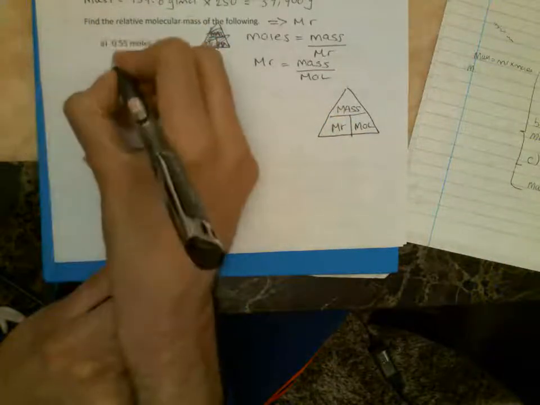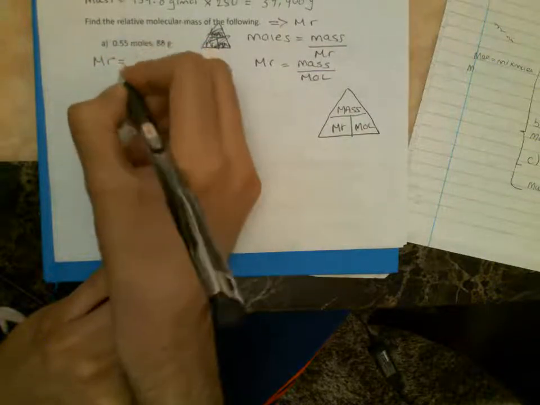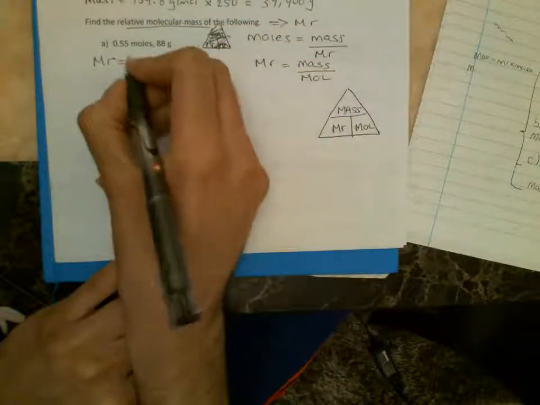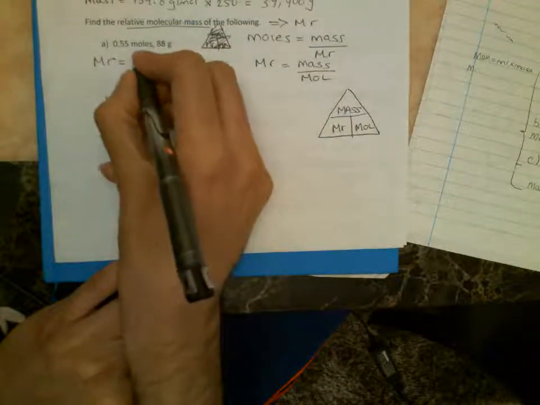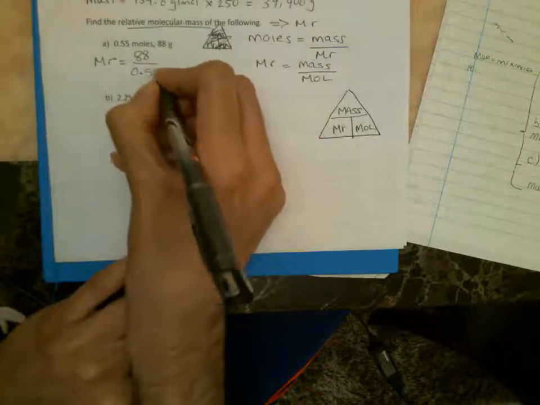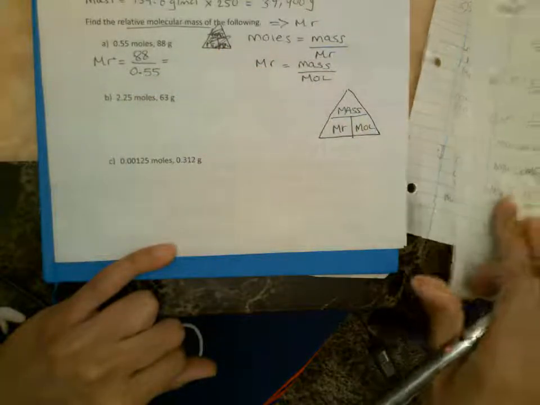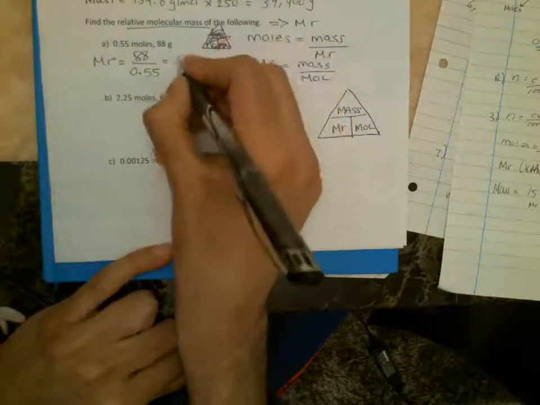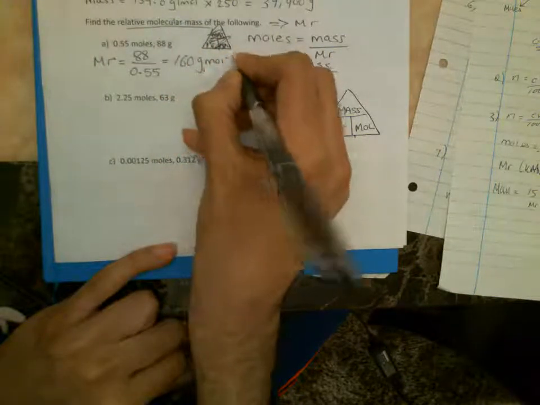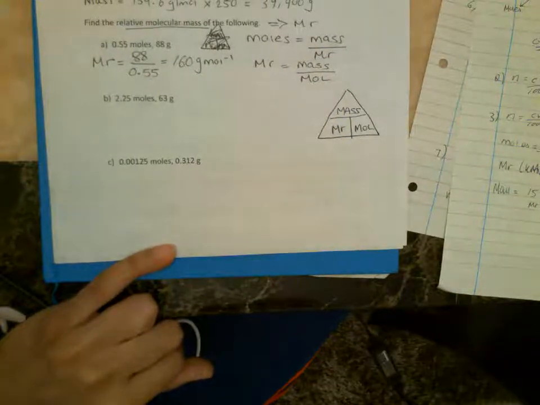So again, just a quick run through. MR is going to be equal to 88 divided by 0.55, which will give us 160 grams per mole. So that's our MR.